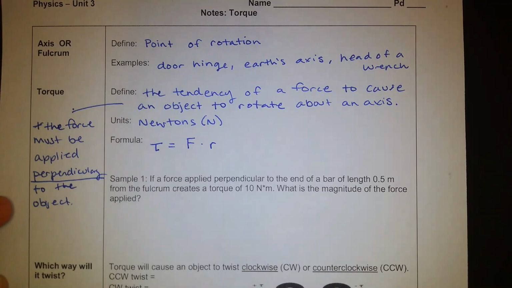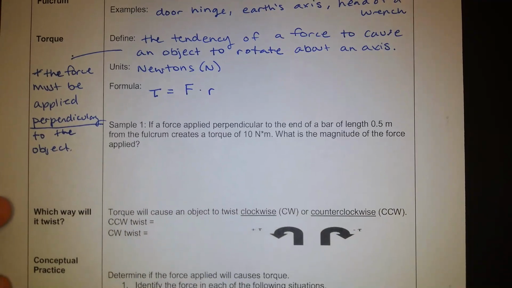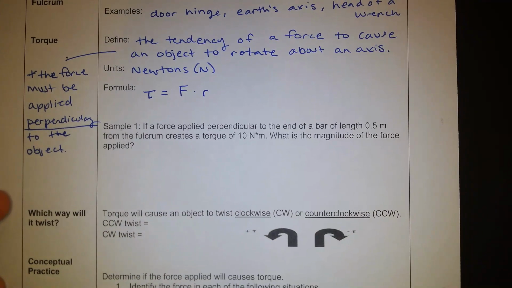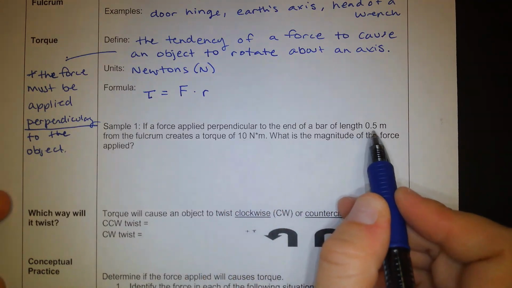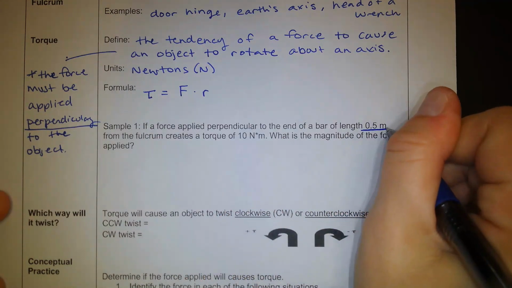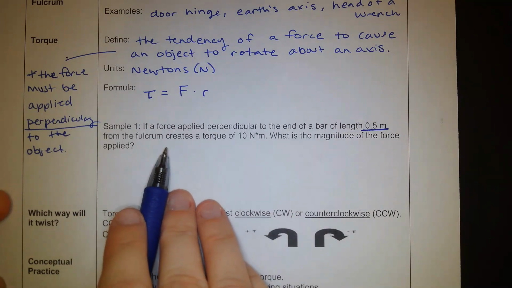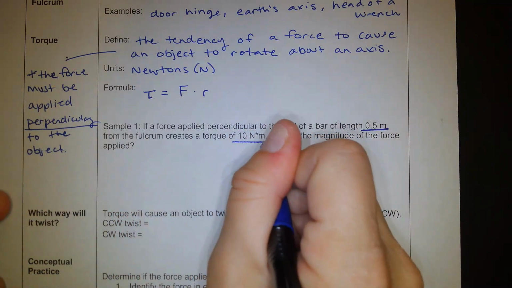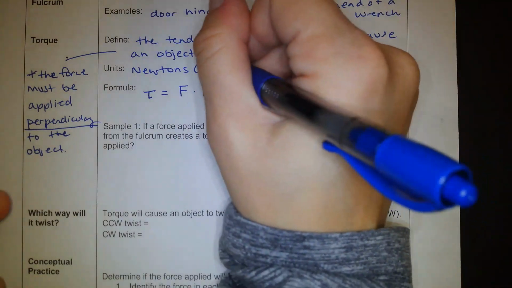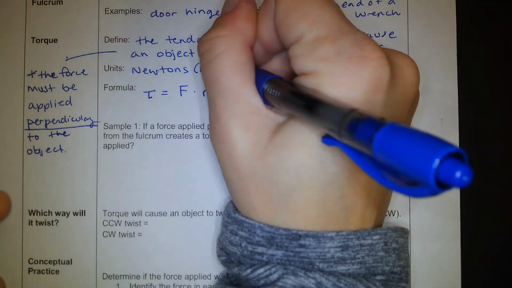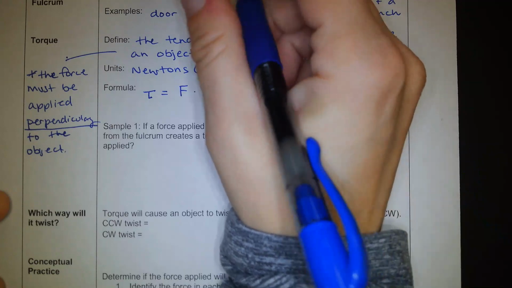Okay, force times radius. So sample one: a force applied perpendicular to the end of a bar of length 0.5 meters from the fulcrum creates a torque of 10 Newton meters. Oh yeah, sorry, the units are Newton meters.